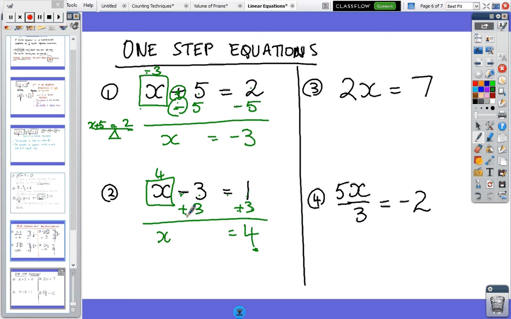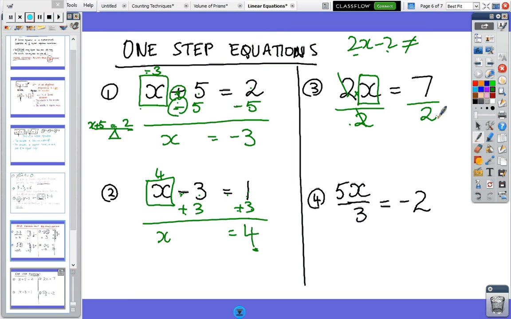All we're doing is keeping the balance between two sides. Now this 2x is not the same as a plus 2, it's a times 2. To isolate the x, we've got to get rid of the 2. Rather than subtracting, because 2x minus 2 doesn't equal anything as they're unlike terms, if I divide by 2, then the 2's will cancel out.